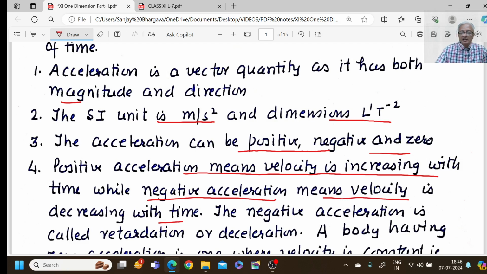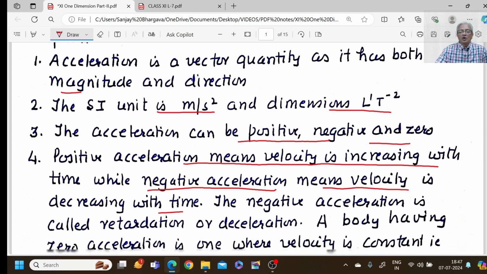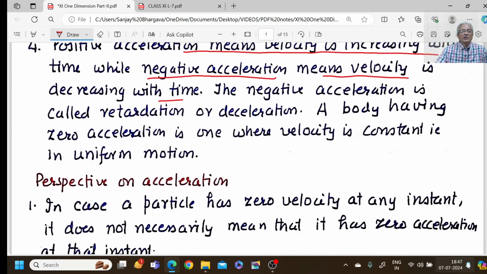A body having zero acceleration is one where velocity is constant, that is a state of uniform motion. So when the velocity does not change with respect to time, it's the state of uniform motion, and in that case we have zero acceleration.